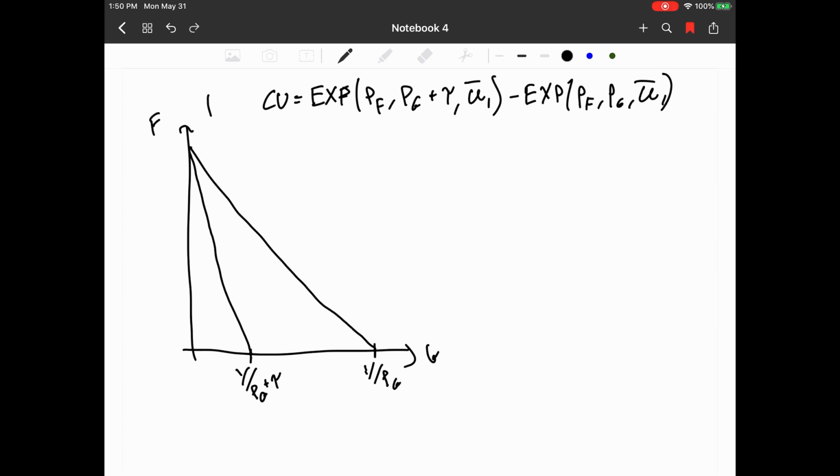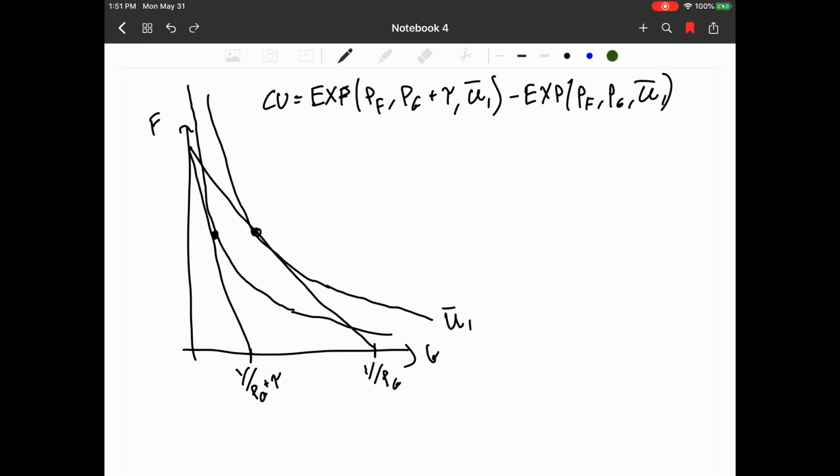Which means with this new budget, we end up on a lower indifference curve. And we know from the Cobb-Douglas, the non-taxed quantity will stay the same.